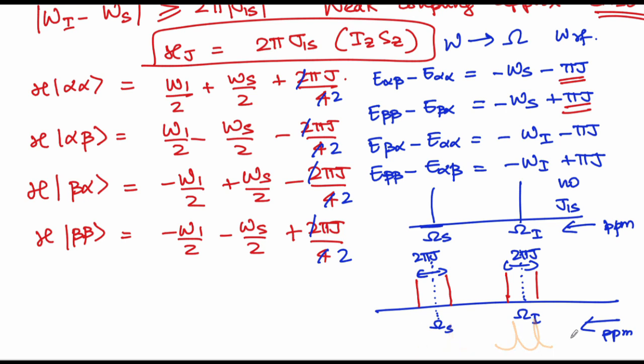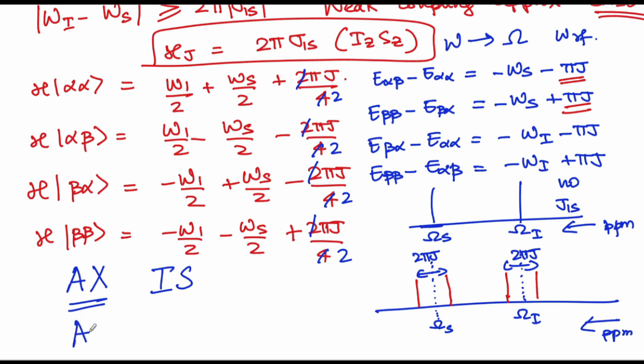So what you are able to understand is that if the I and S spins couple with each other, they end up splitting each other into a 1:1 doublet. So this is the influence of scalar coupling, and more importantly, you will also be able to say that the splitting between the resonances that you observe will be the same for these two. The example that we just worked out is called the AX example, or we can also call it the IS example.